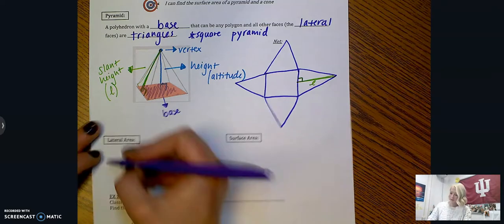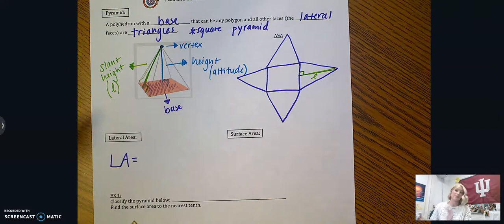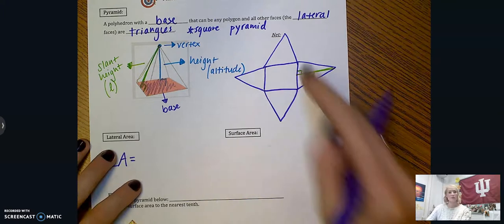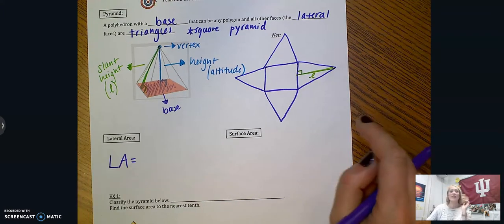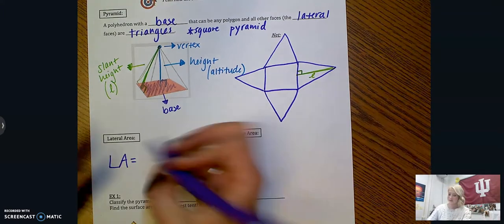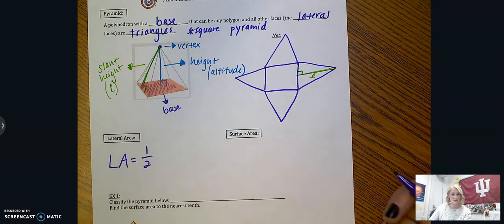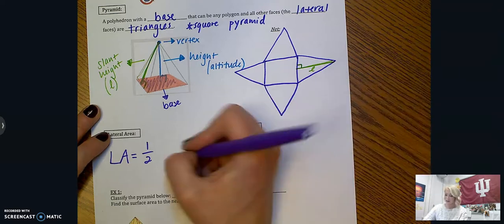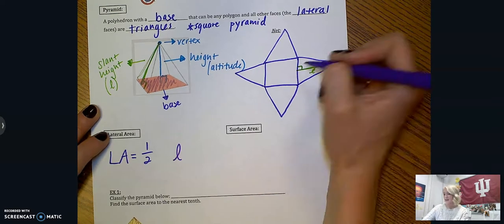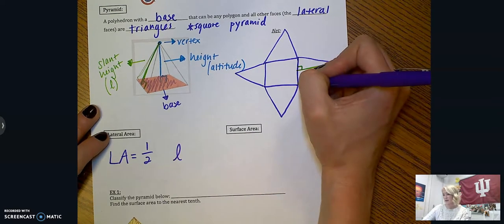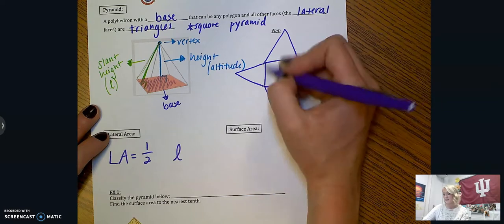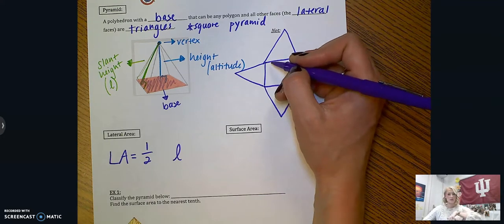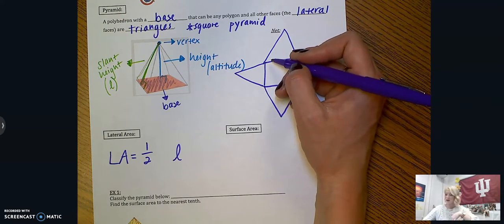So here's where the formula comes from. This is the briefest explanation I could give you, but lateral area is just the area of those triangles. The area of a triangle is half base times height. So that's where the half comes from. The height of that triangle is the slant height, L. And instead of going base times height, they do the perimeter of the base, because that accounts for all 4 of the triangles, or however many there are.